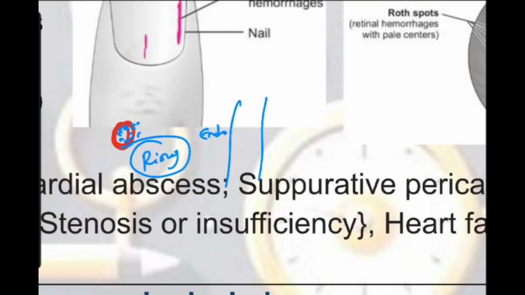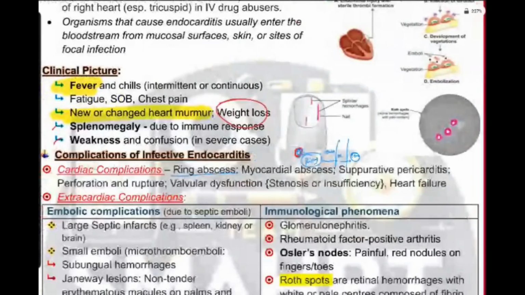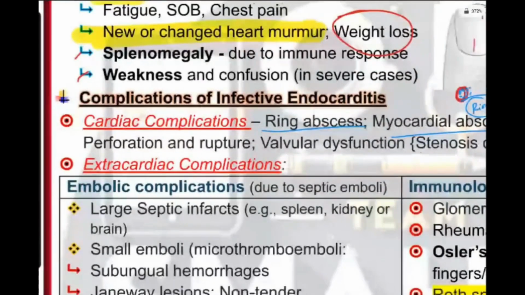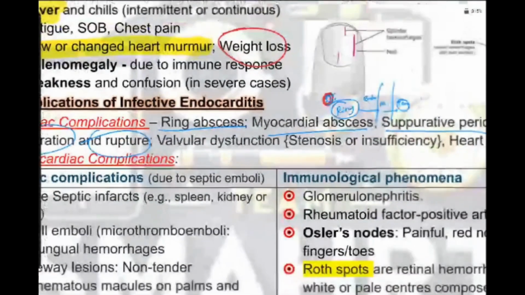If the bacteria penetrate deeper into the myocardium, the ring abscess can transform into a myocardial abscess. From the myocardium, if it goes into the pericardium, the outer side, it will cause pericarditis. So the complications are ring abscess, myocardial abscess, suppurative pericarditis, and finally perforation or rupture of the heart. These are the cardiac complications.